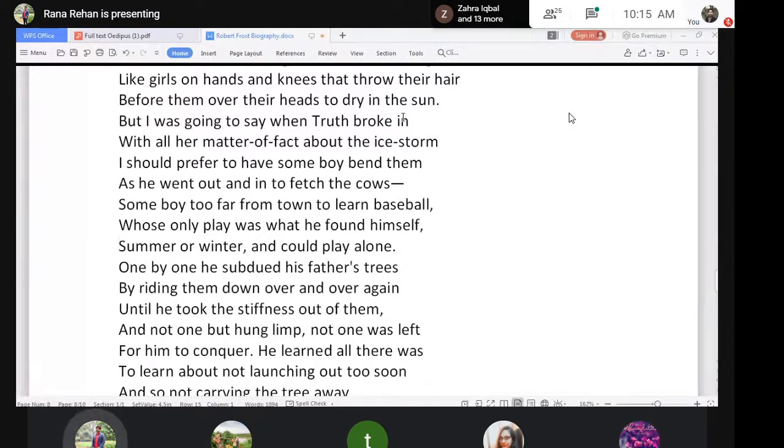And one by one, what that child has done with his father's trees, he was bending them all one by one. Subduing means he was conquering. He was conquering all of them. He was taking control of every tree and winning every tree by riding them down over and over again until he took the stiffness out of them. This is the line, I would say, that is the essence of the whole poem.